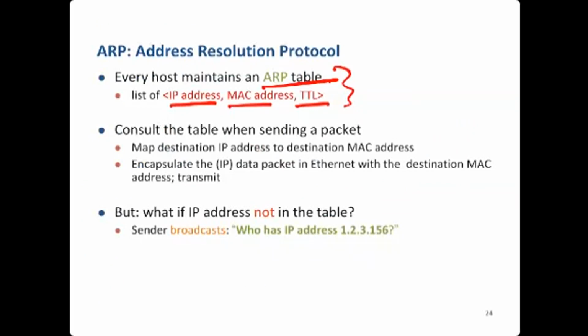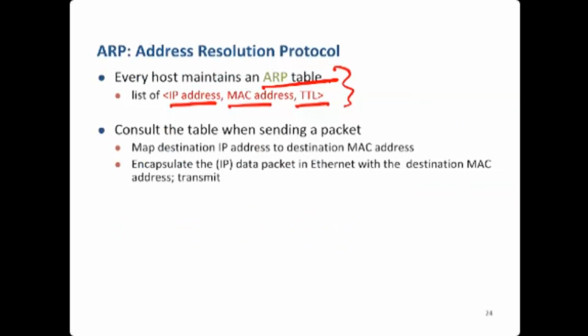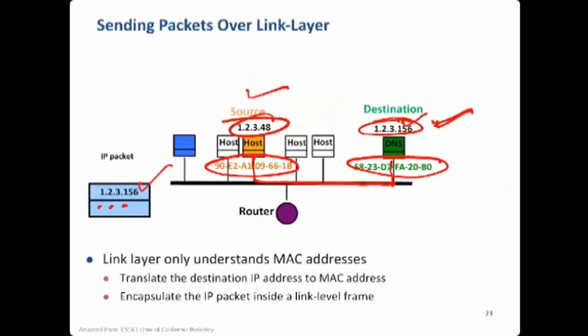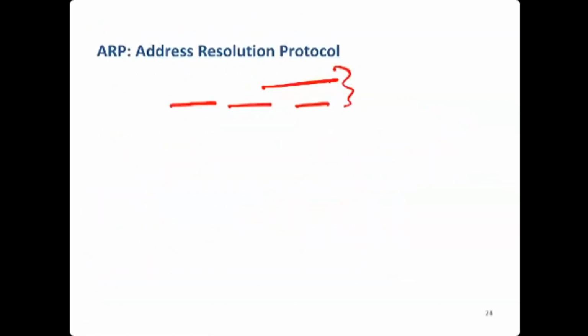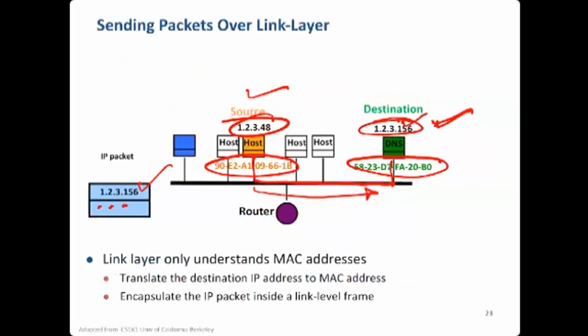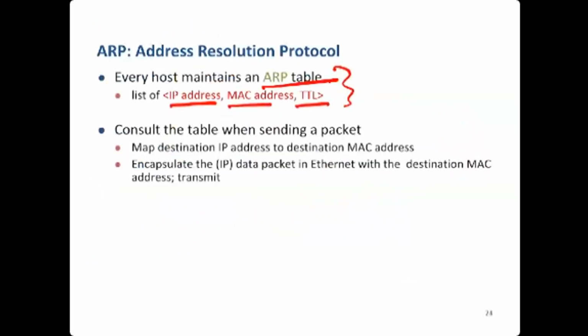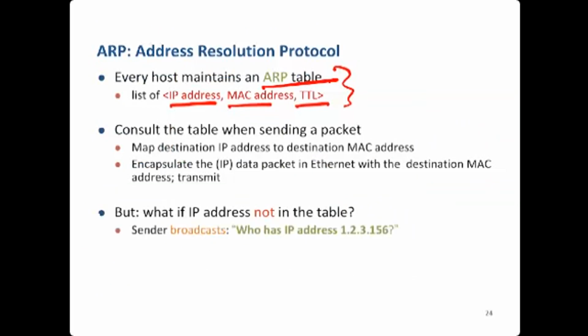If this mapping is already there in your laptop, for example, then it will know the corresponding Ethernet address of the domain name server. If it's not, then it has to do some query. If it's not in the internal table, then the sender will broadcast: who has IP address 1.2.3.156?